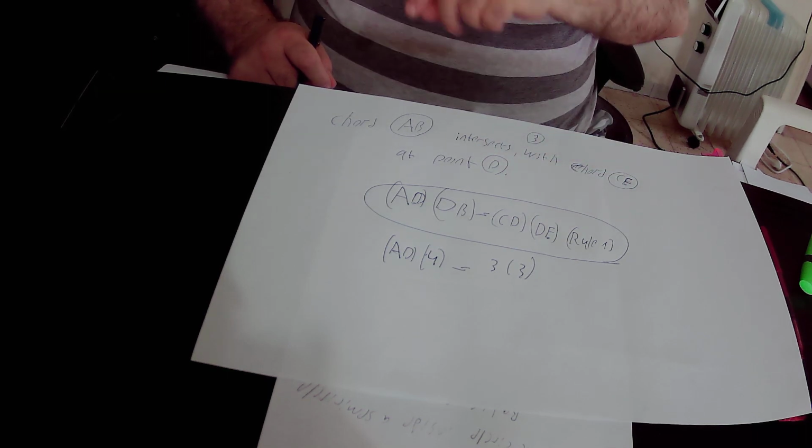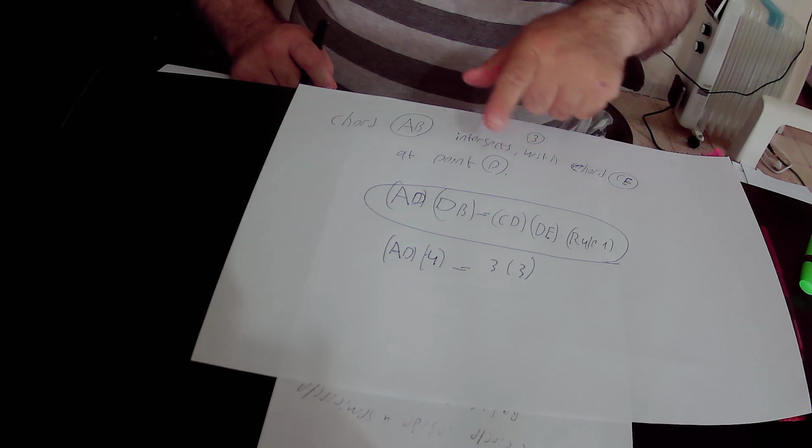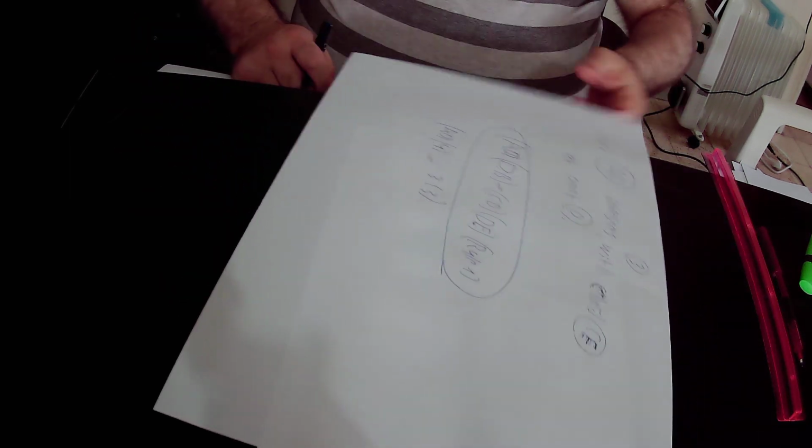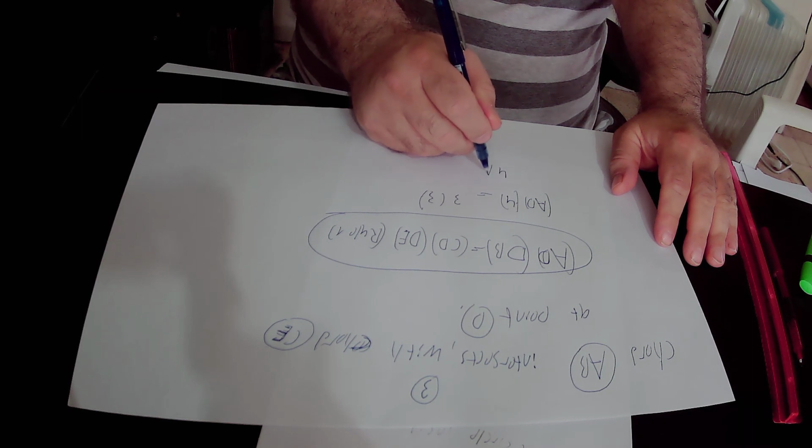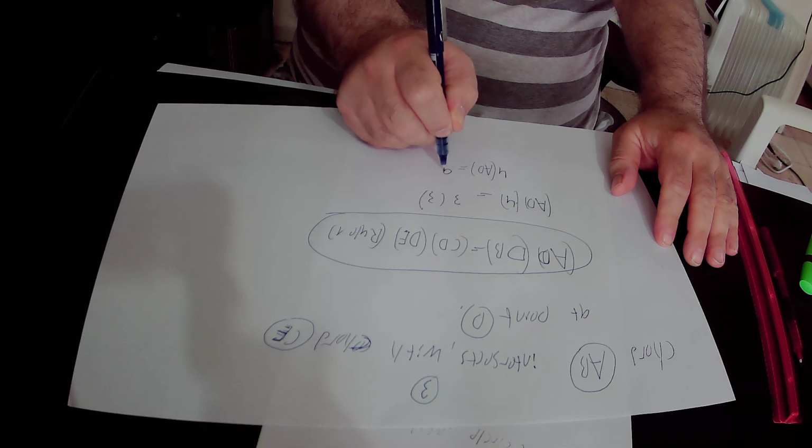3 times 3 is 9. So I write it down. We get that 4 times AD equals 9.